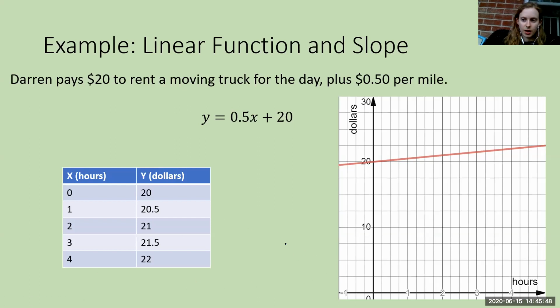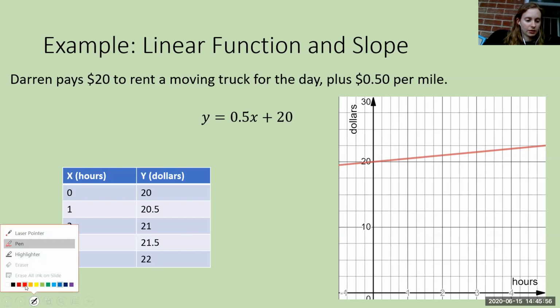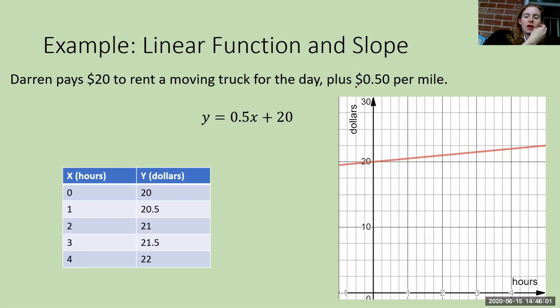And I just remembered I made a mistake in this slide that I forgot to fix. So I'm gonna fix that while we chat. So right, the amount that Darren is gonna have to pay at the end of the day is gonna depend on the number of miles that he drives. So our input variable, or our independent variable, is gonna be the number of miles, right?